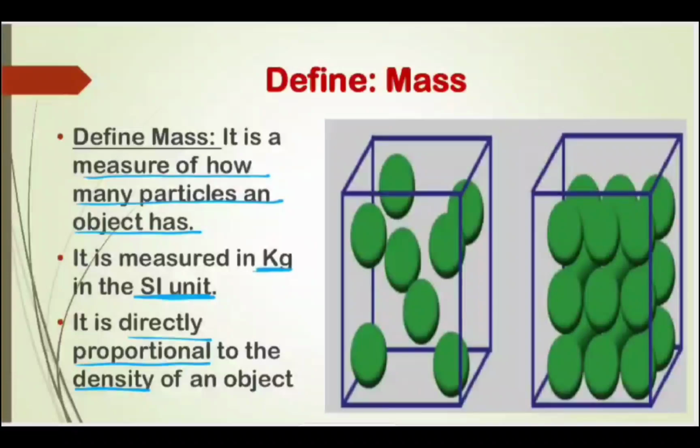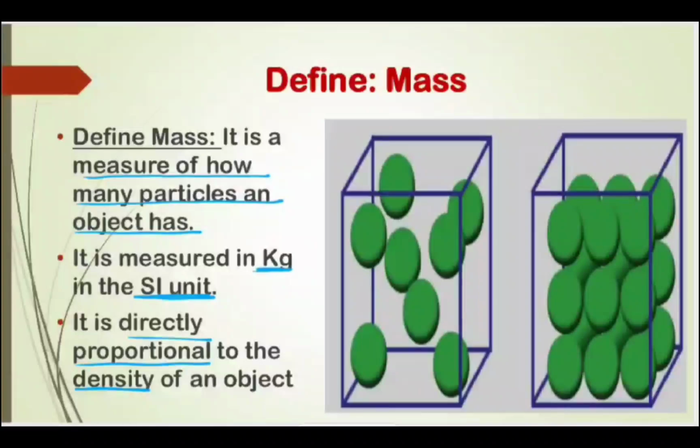So the number of particles multiplied by 9.8, the gravitational force, makes up our weight. Children, do not confuse mass with weight.